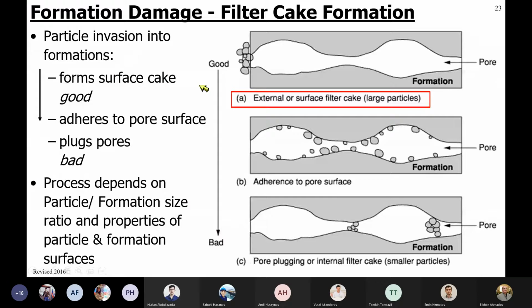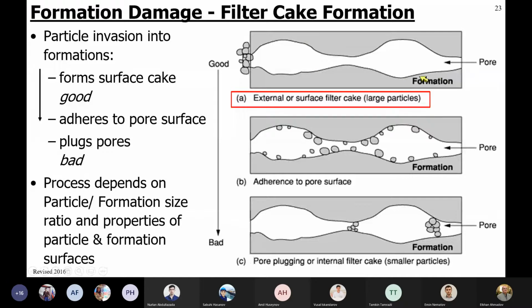The filter cake is, as we said, created on the pore throats, not allowing further mud fluid to go into the reservoir formation. If this filter cake is created as a screen on the wellbore wall, then it is a good filter cake, because the pore space is protected from the solids invasion.